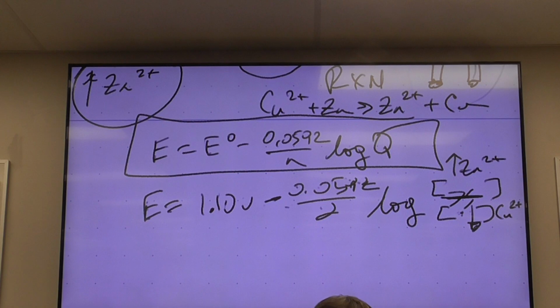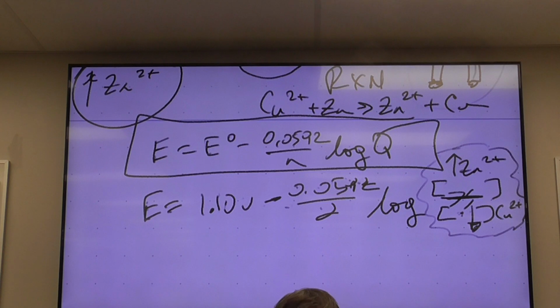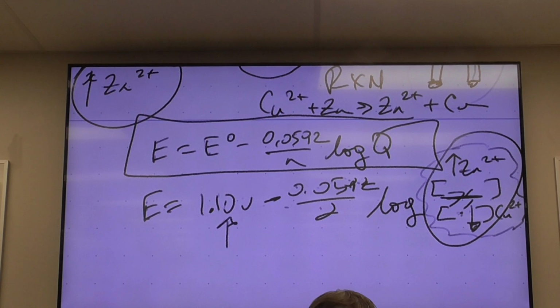So as a function of time, what's going to happen to the value that you're taking the log of? It's going to get bigger and bigger and bigger, right? As this number gets bigger, will that have any impact on your E naught value? Your E naught value is a set value under standard conditions. It isn't going to change from 1.1.